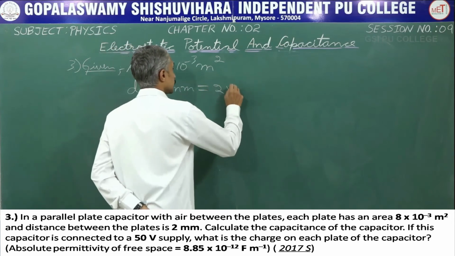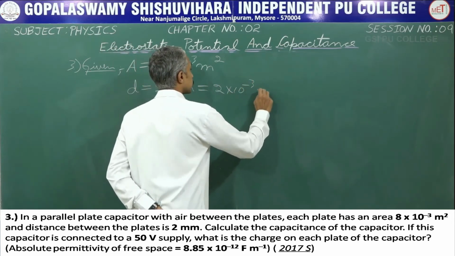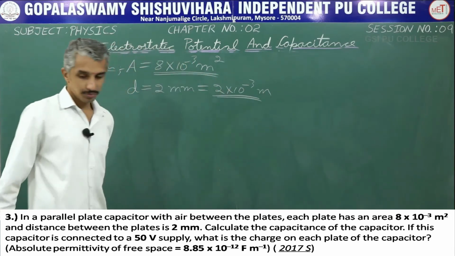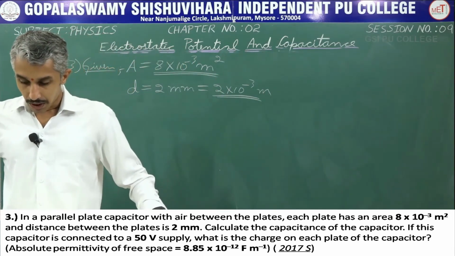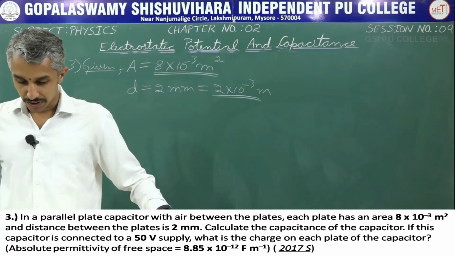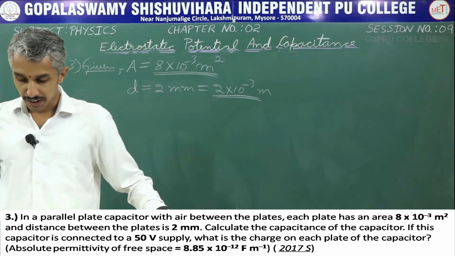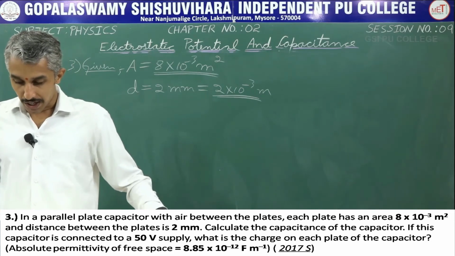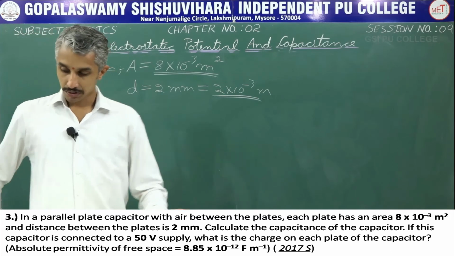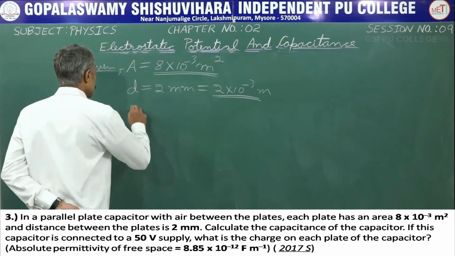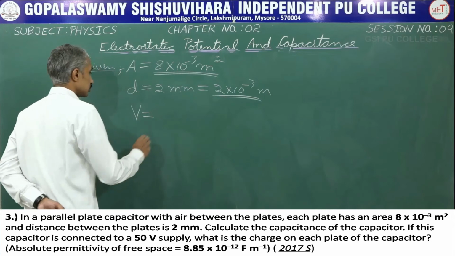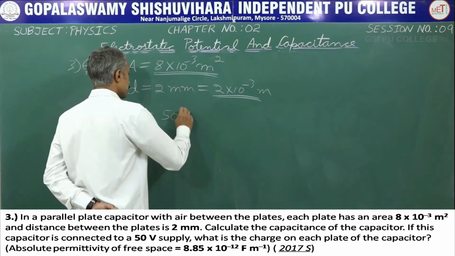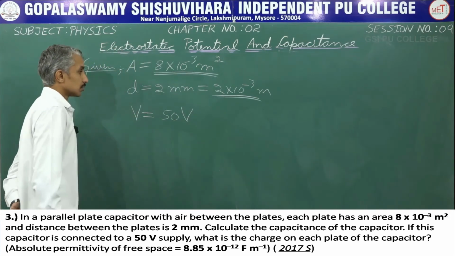Convert to SI units, it will become 2 into 10 to the power of minus 3 meters. Calculate the capacitance of the capacitor. If this capacitor is connected to a 50 volt supply, what is the charge on each plate of the capacitor? So they have also given the potential difference applied across the capacitor, which is 50 volt.